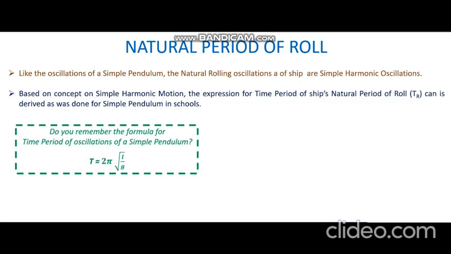Correct? Exactly on similar lines, following the principle of harmonic oscillations, the time period formula has been derived for a vessel, and the period of roll or time period of a roll for a ship in seconds is given by this formula. This is what you need to remember, beta.